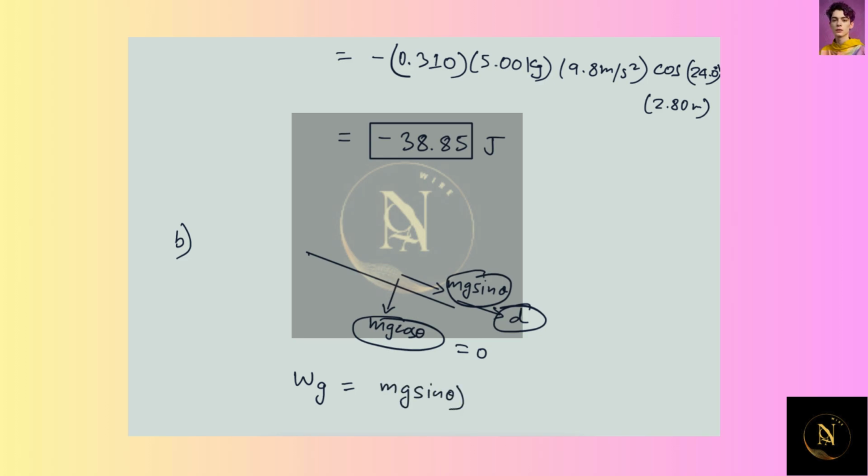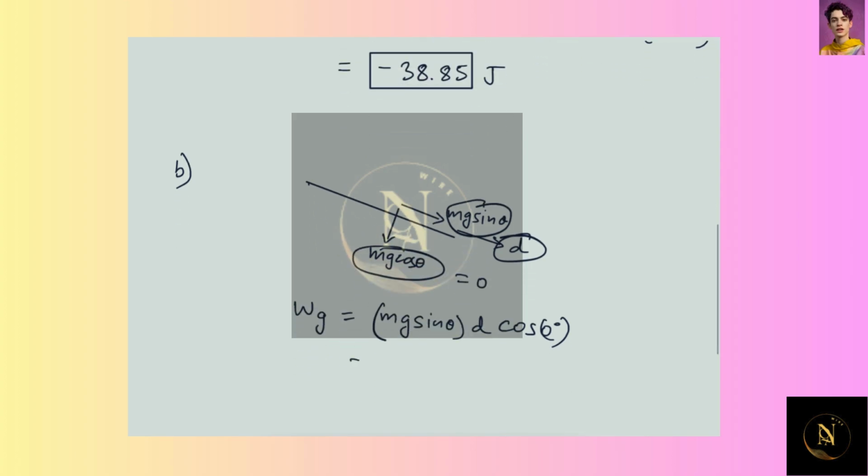So force times displacement, and since both force and displacement are in the same direction, the angle between them is 0 degrees, so this is cos 0. So work done by gravity is mg sin theta times d.